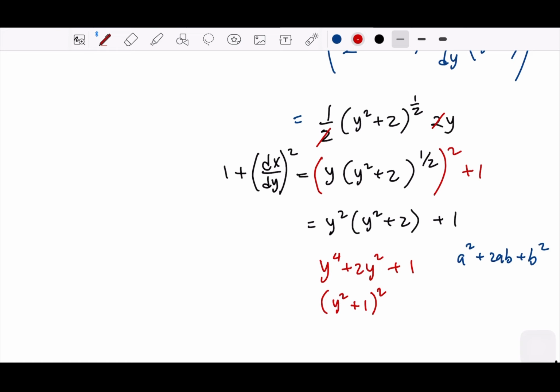Okay, so we get this. I think we need to take the square root, right? We can take the square root of this. And then we can simply cancel the square, and we say that this is equal to y squared plus 1.